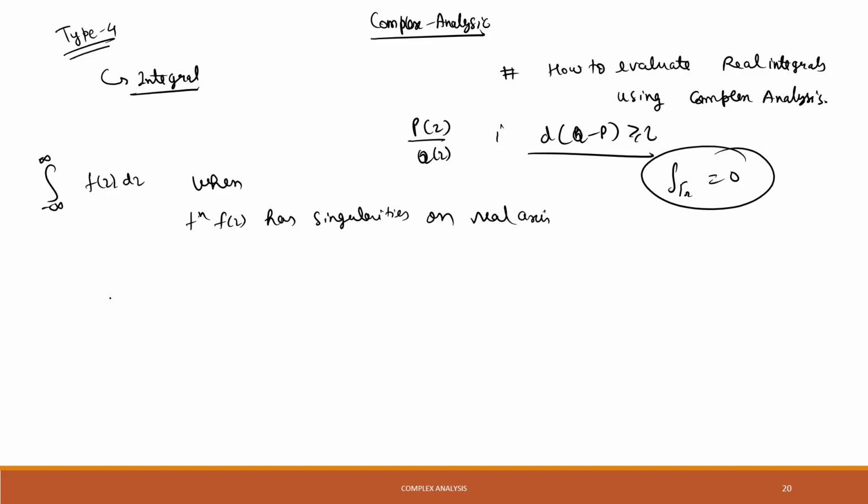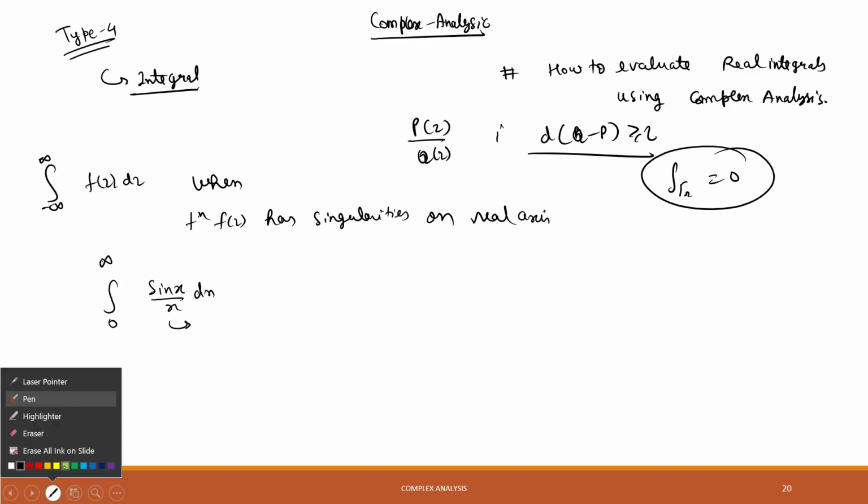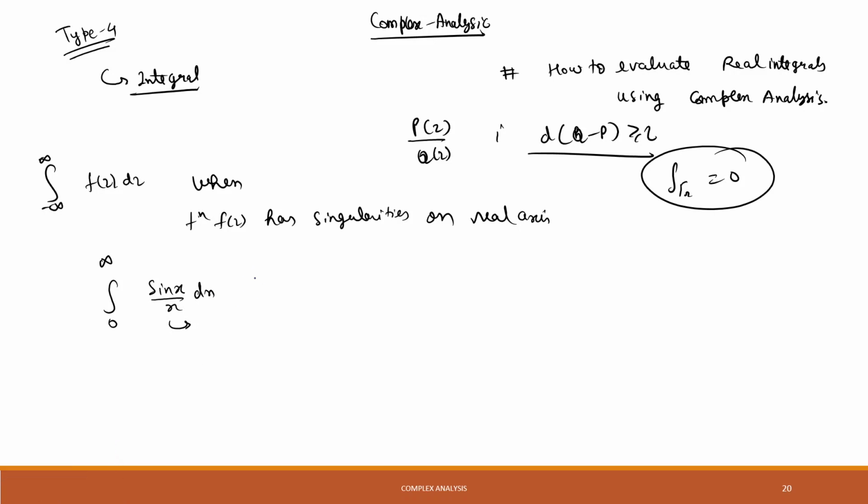Just assume a function like this, first sin x over x dx. Now you can clearly see this function has a singularity at z equal to 0. Then how can we deal with this? Although it has a real singularity, we will construct this as the imaginary part of the contour integration of e to the power iota z upon z dz.